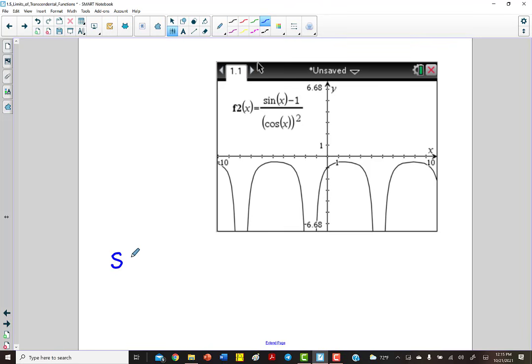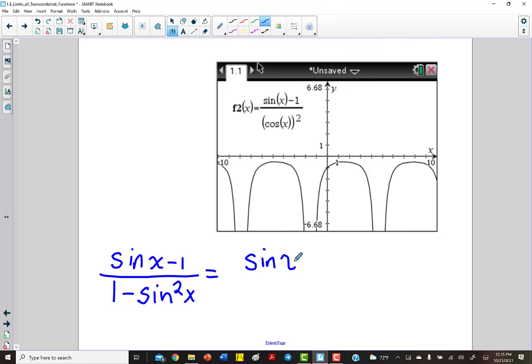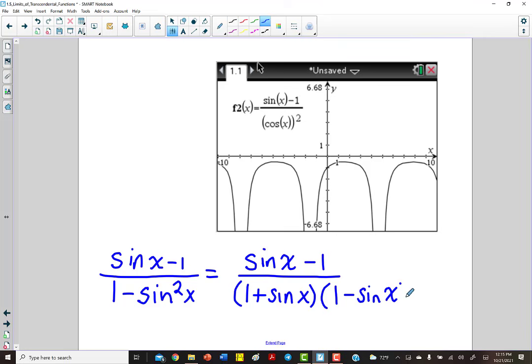Let's factor this first. The sine of x minus 1 and cosine squared, we can think of that using the Pythagorean identities as 1 minus sine squared. And factoring the denominator, the sine of x minus 1 divided by 1 plus sine x times 1 minus sine x.